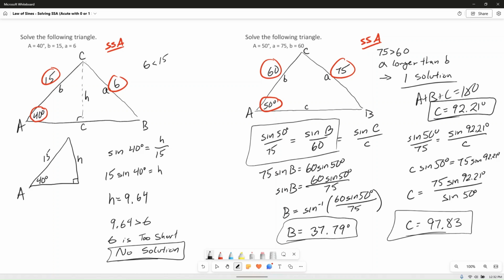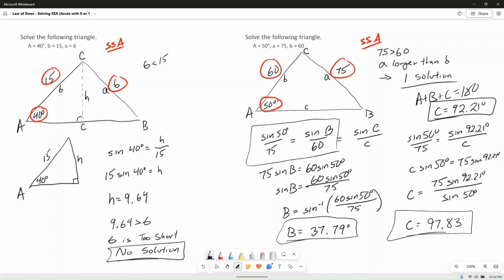So if I look in the example that we have here, the smallest angle I have is angle B. It was 37.79 degrees, and the side B was 60, which is the shortest side. Side A was 75, and side C was 97.